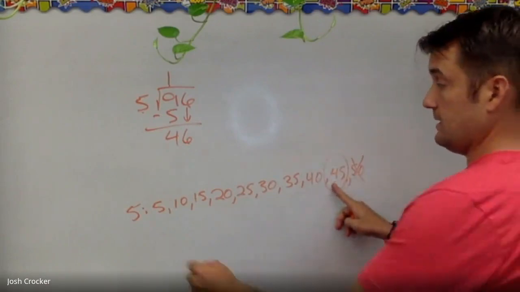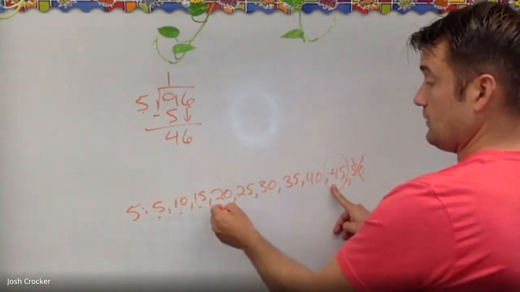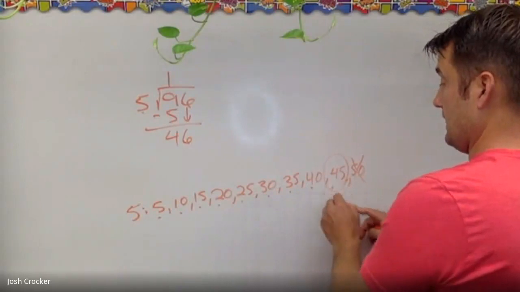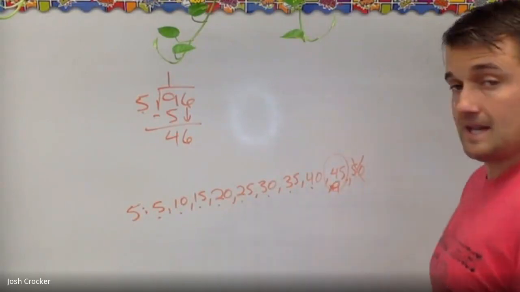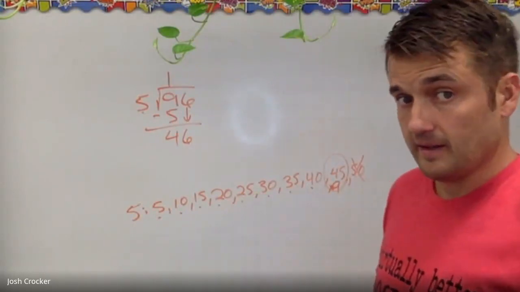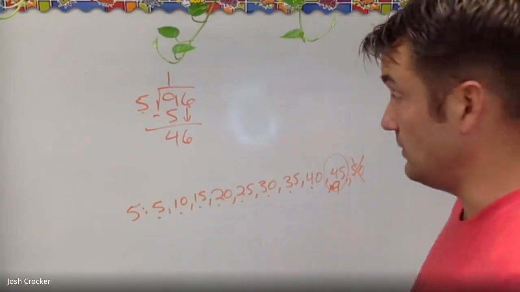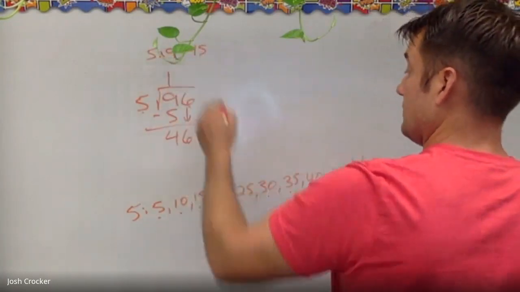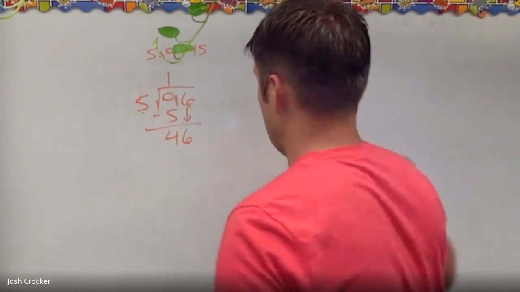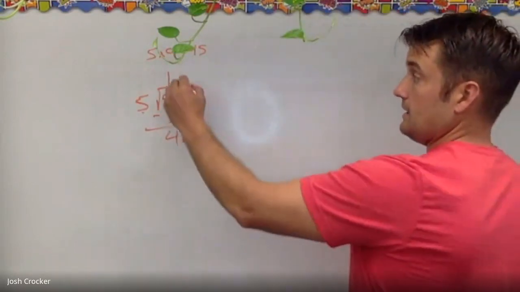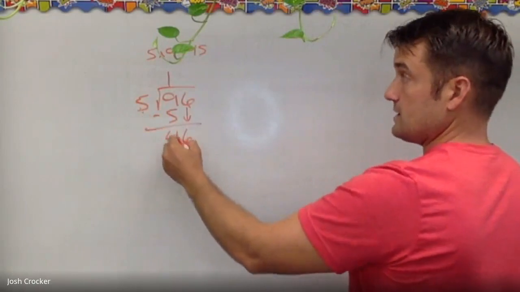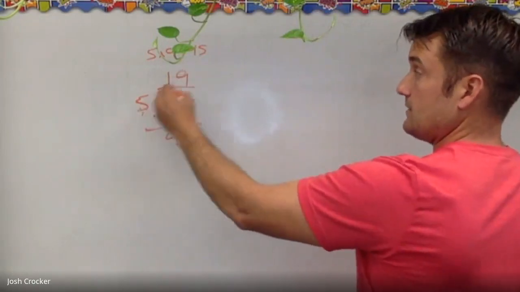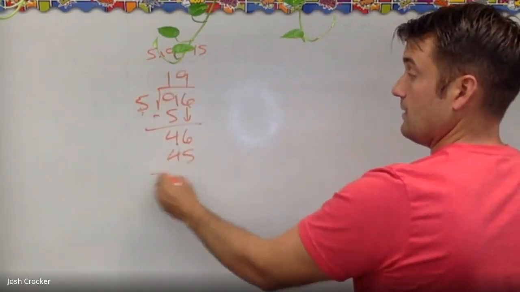This is my fact. Times 1, times 2, 3, 4, 5, 6, 7, 8, 9. 5 times 9 is 45. And that's as close as I can get without going over. So now I'm using that fact. 5 times 9 is 45. I'm going to put my 9. 5 will go into 46 9 times. 5 times 9 is 45.